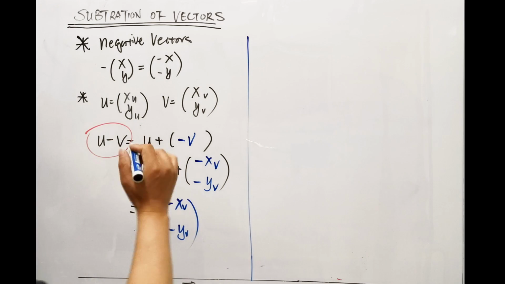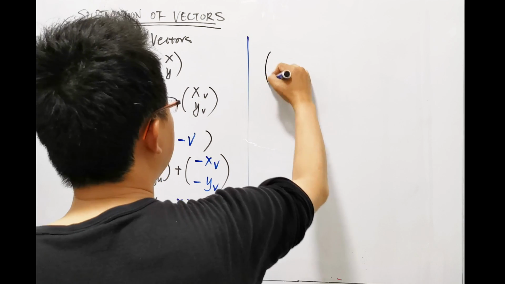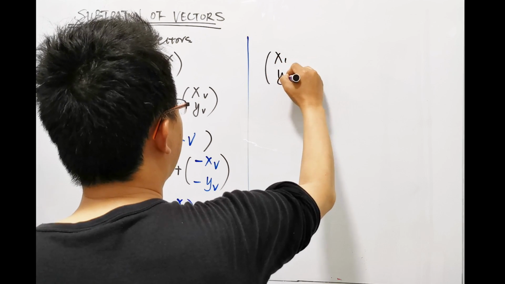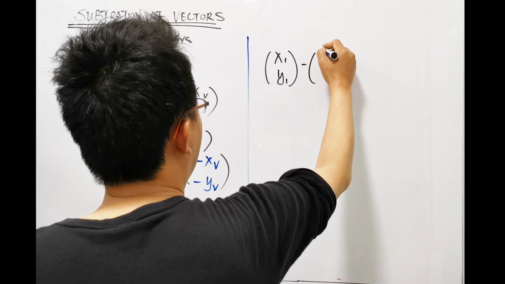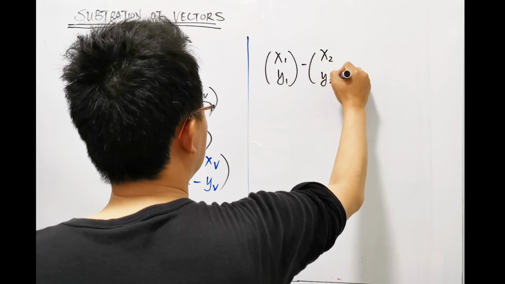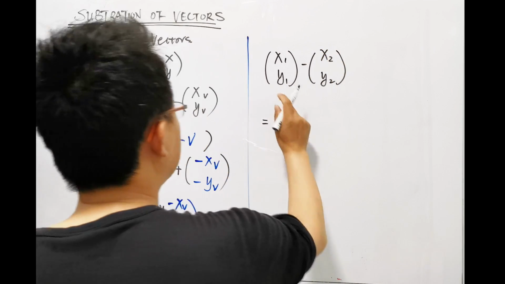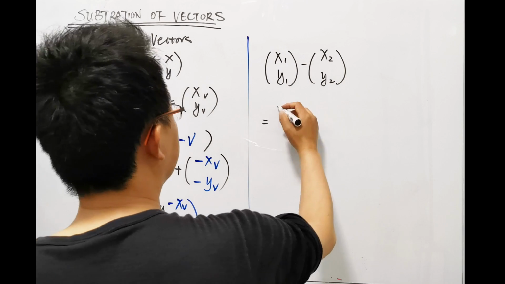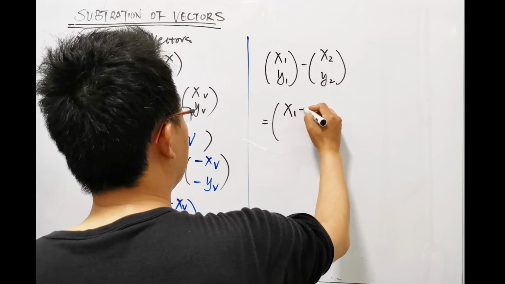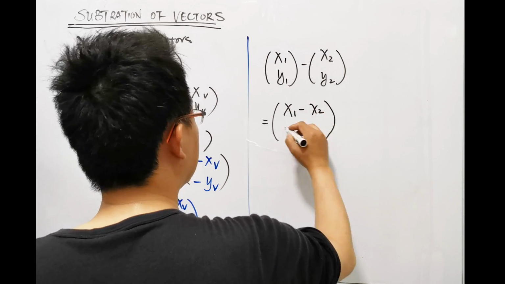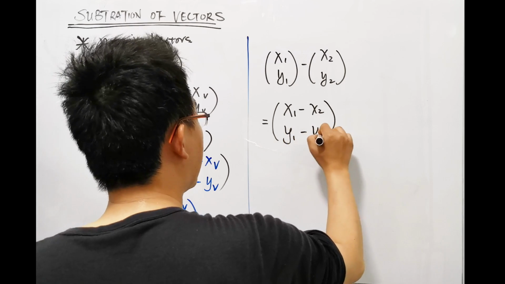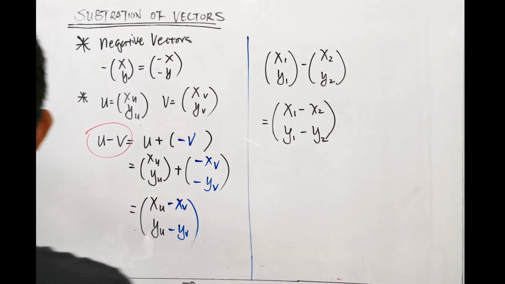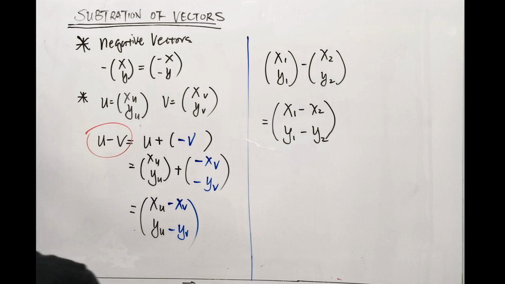So if we have x1, y1 minus x2, y2, just subtract the x components from each other and the y components from each other. So we get x1 minus x2, y1 minus y2. Okay, so this is a very important concept talking about subtractions.